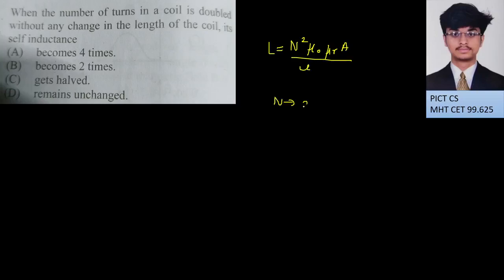Number of turns is doubled, so basically N square will be 4 times, and without change in length, mu 0, mu R, area, length, all these are constant. So self-inductance clearly will become 4 times, as L is directly proportional to N square. So option A.